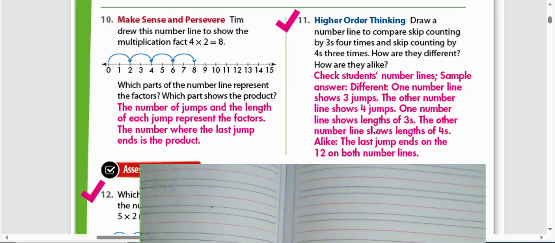One has jumps of length 3, the other has jumps of length 4. The last jump is at 12 on both number lines. It means both end at 12. 3 times 4 equals 12 or 4 times 3 equals 12. You can use the commutative property here.